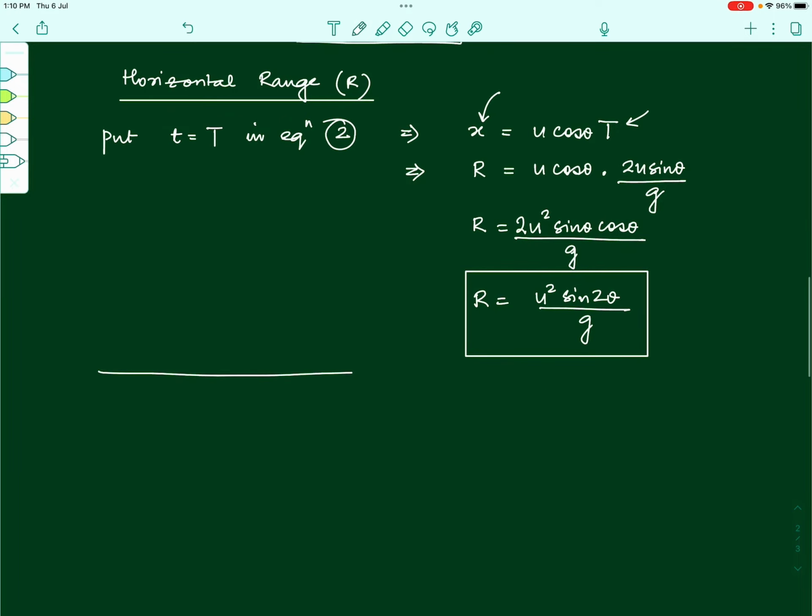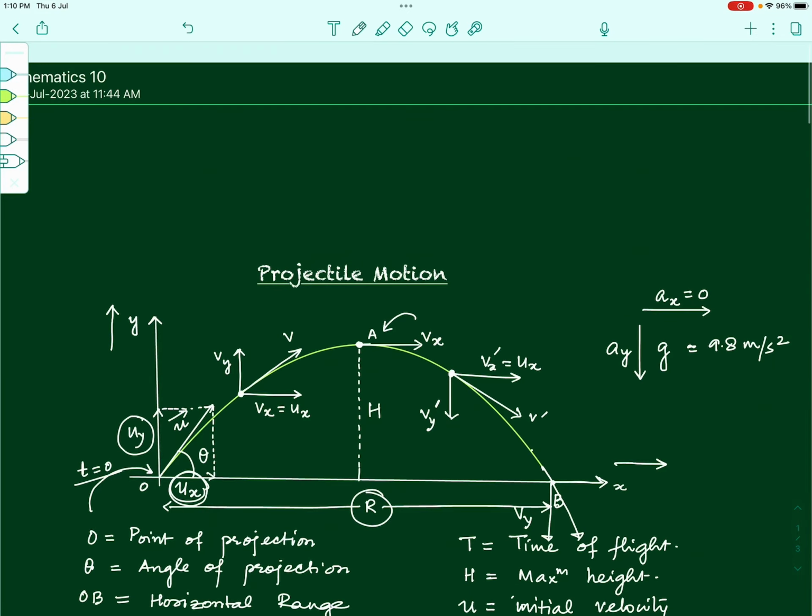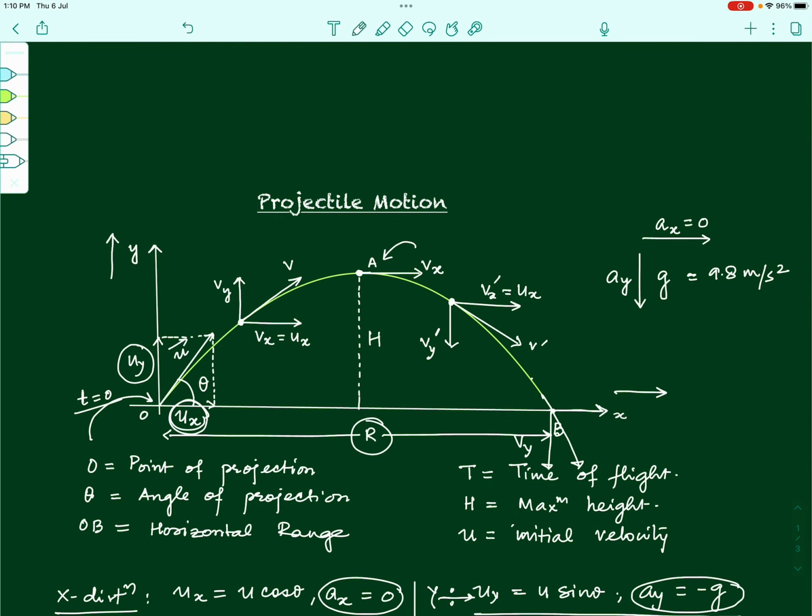Next expression will be for maximum height attained by the projectile, we call it capital H. So, as we have already seen in the figure, the maximum height is the distance of the point A from the ground, the vertical distance. What happens at the point A is the projectile loses all of its y directional velocity.